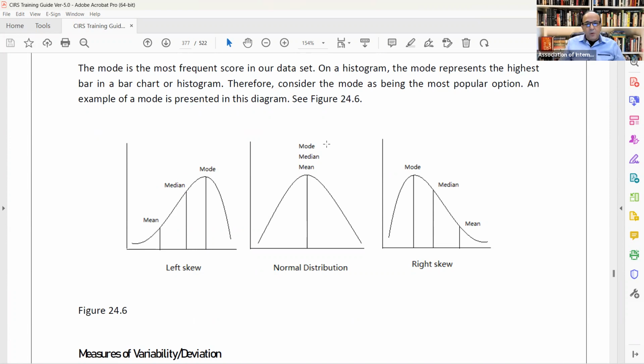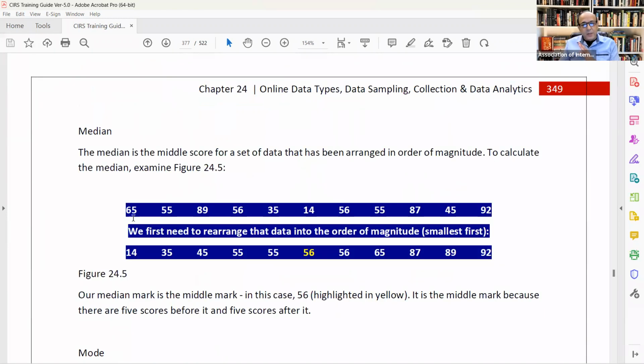So mean, mode, and median, these three things you have to remember, and just look at the chart, nothing complicated about it. Hardly would you see these charts, but what is perhaps more frequent is this kind of illustration. It would ask what the highlighted number means.